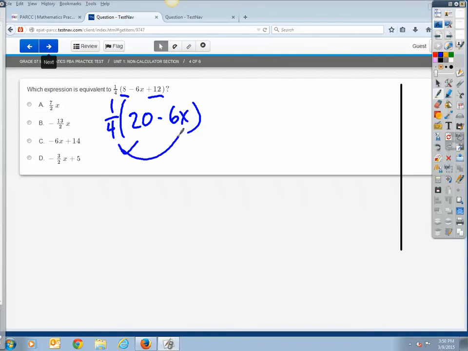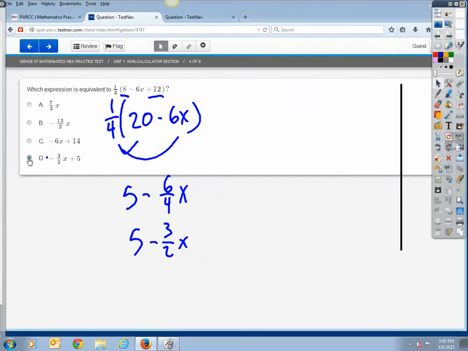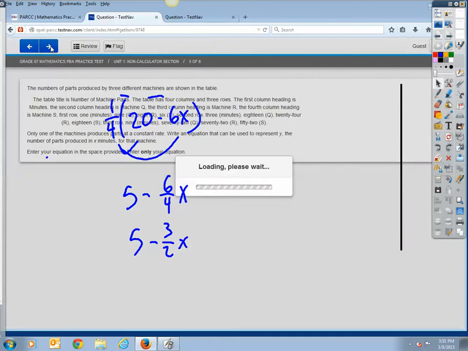And so I get 5 minus 6/4 x. Well, 6/4 is another way of saying 3/2 x. Oh look, that's the same as D. So I know D is going to be one of my answers. And since it's a circular dot, I know that this is a multiple choice, not a multiple select, so I'm done. All right.